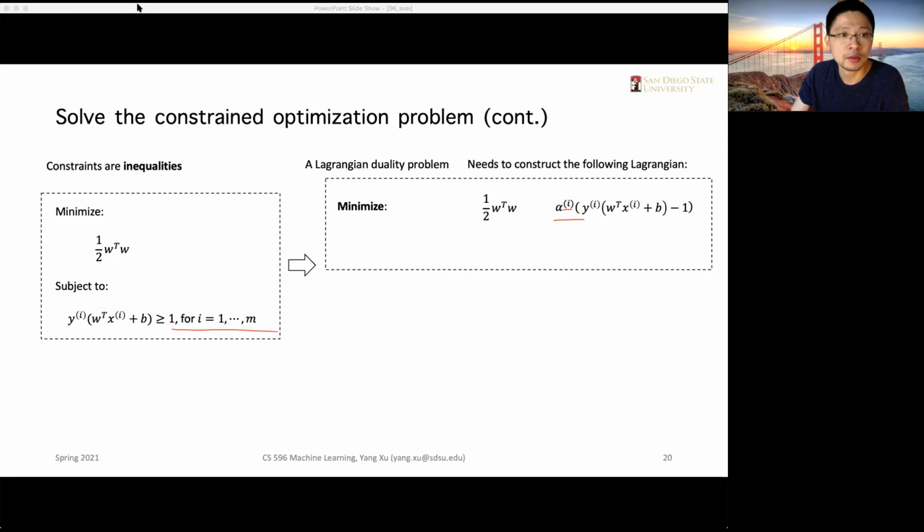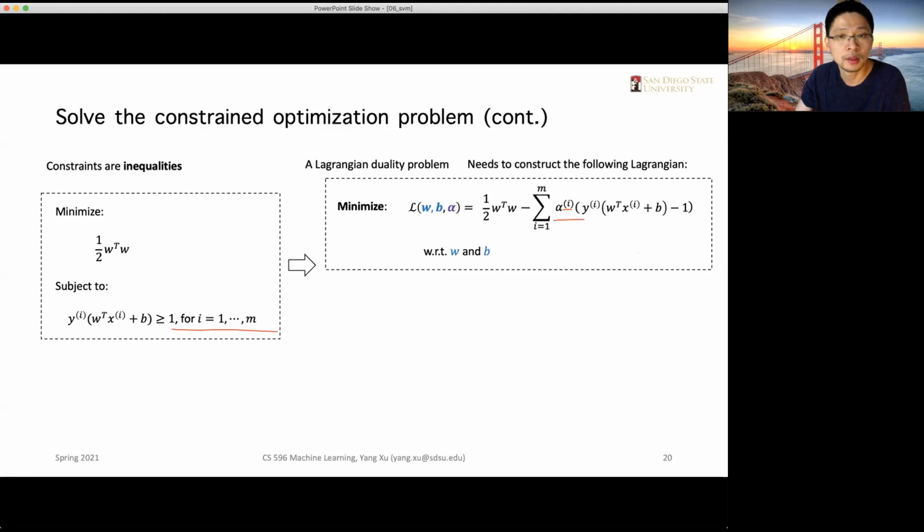Having this i as the Lagrangian multiplier multiplies to the inequality constraints, and we need a sigma notation to sum up all the inequality constraints.